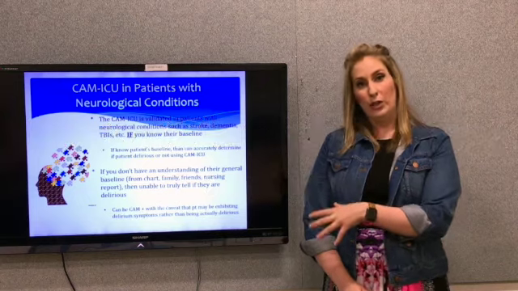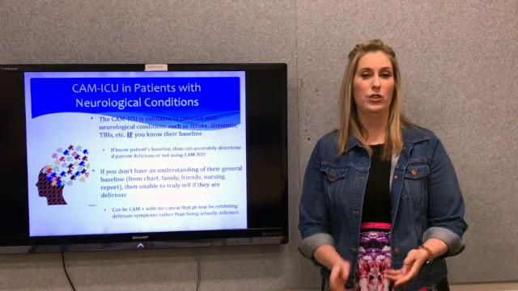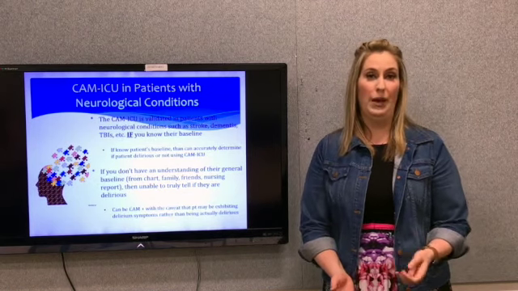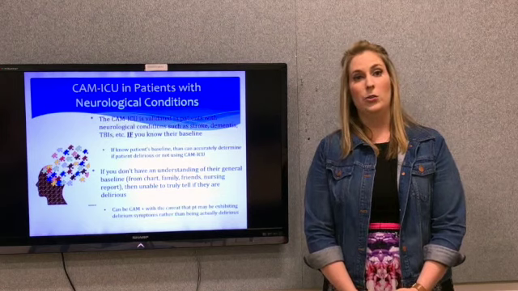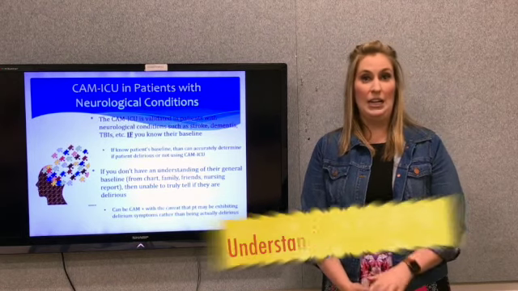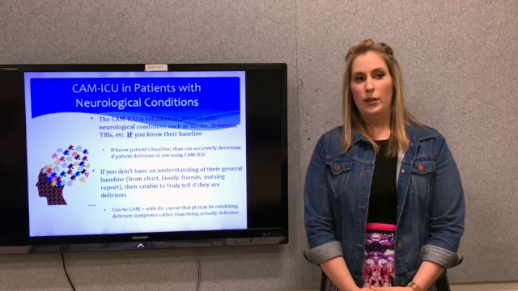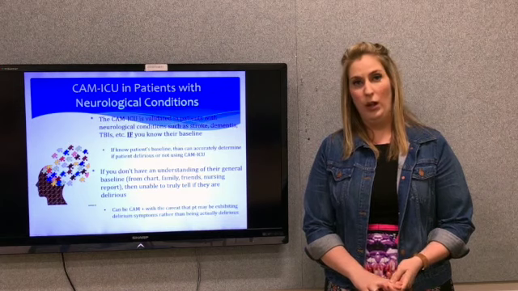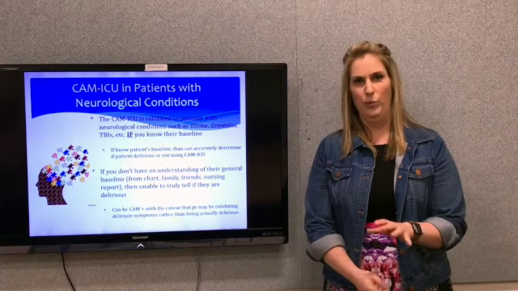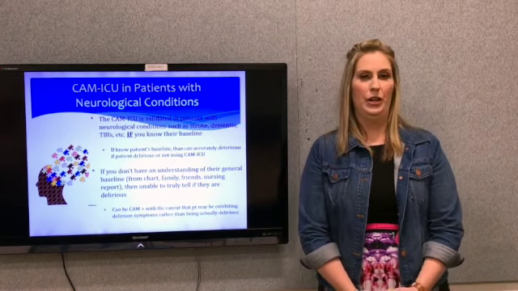This is a little bit more tricky. So CAM-ICU in patients with neurological conditions, either dementia or stroke or a traumatic brain injury, you can accurately assess CAM-ICU if you have an understanding of what their baseline is. In these patients, hopefully you'll talk to a family member or a physician that knows them well, like maybe from spinal cord or any other multidisciplinary team.